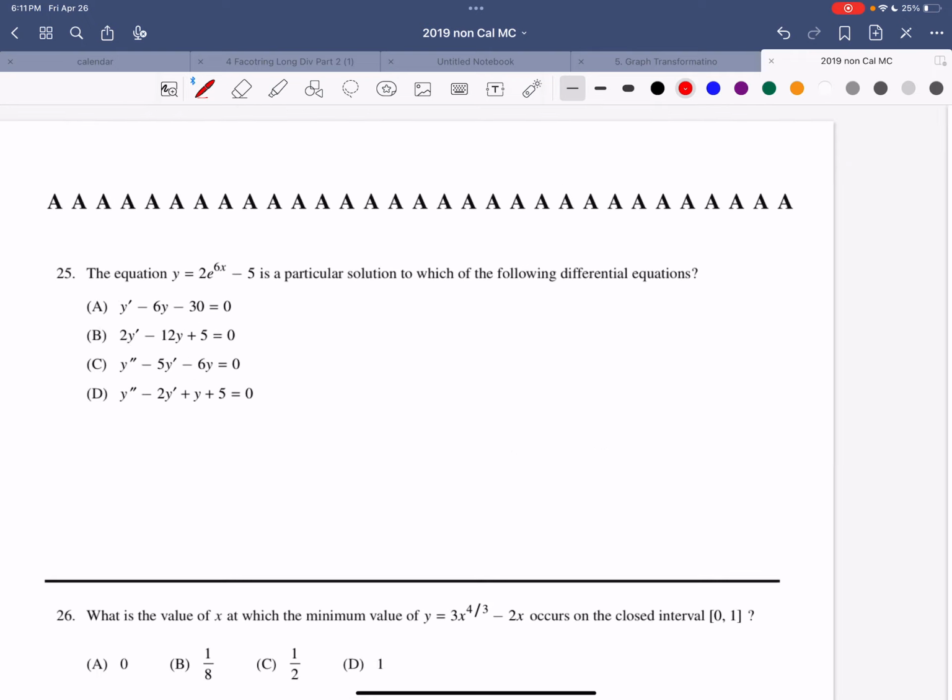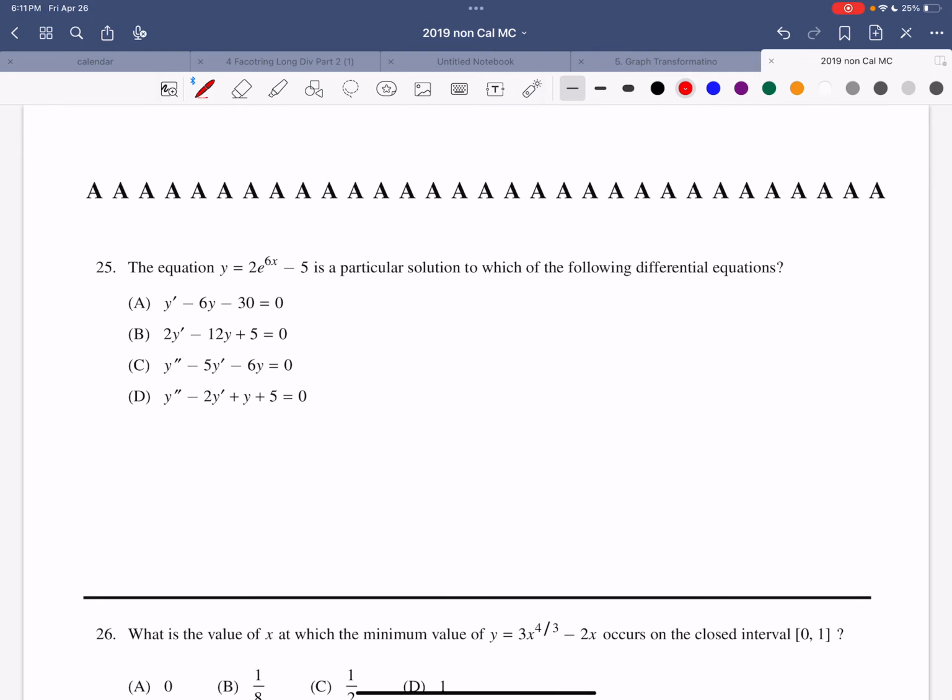Here our equation is a particular solution for which of the following differential equations. You want to find the particular solution for this. Let's do this.